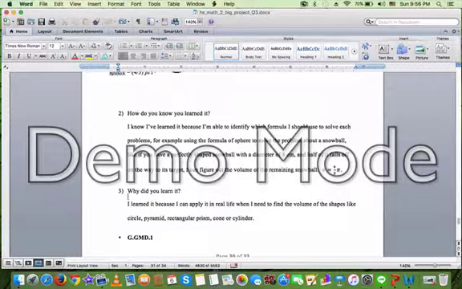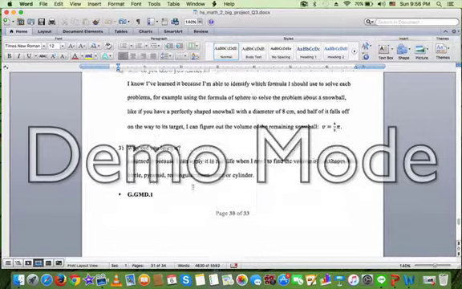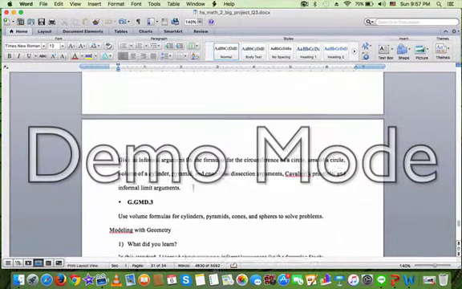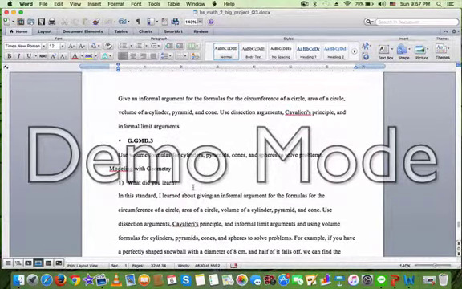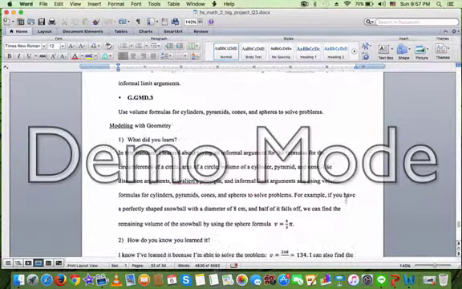These are the formulas for a cube, rectangular prism, cylinder, pyramid, cone, and sphere. And I know that I learned it because I'm able to identify which formula I should use to solve each problem correctly. For example, using the formula of a sphere to solve the problem about a snowball.